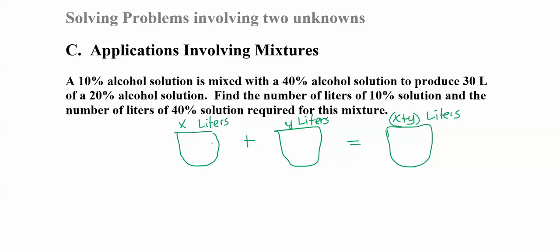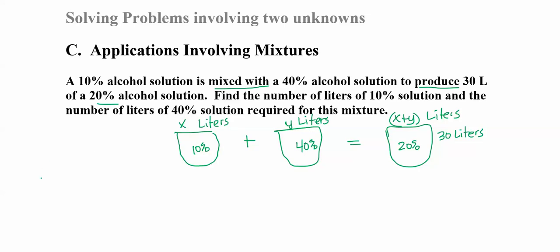Now my percentages are I have a 10% solution that I'm mixing with a 40% solution to produce 30 liters total of 20% solution. So use this type of diagram to help you organize everything with appropriate percentages.